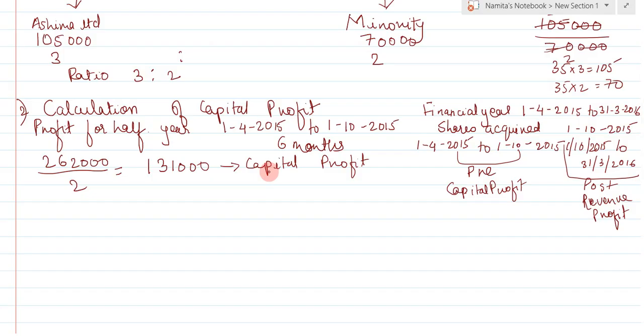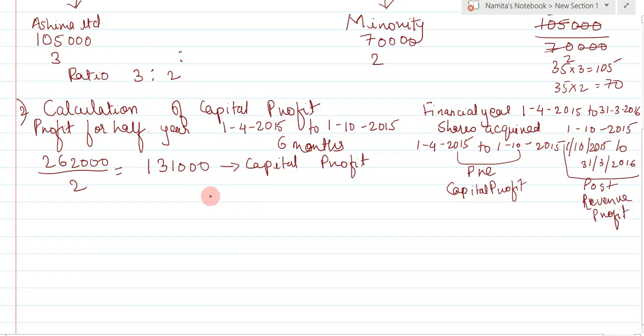From the beginning of the financial year to the date the shares are acquired, it will be called pre-acquisition, and the profit earned during that period will be called capital profit. After acquisition to the end of the financial year, the profit earned during that period will be called revenue profit.